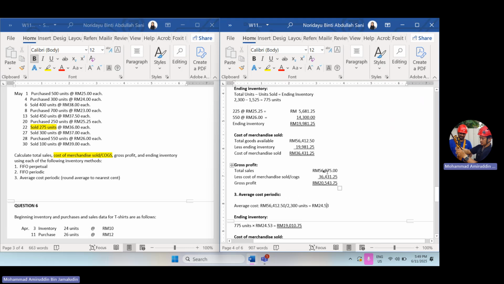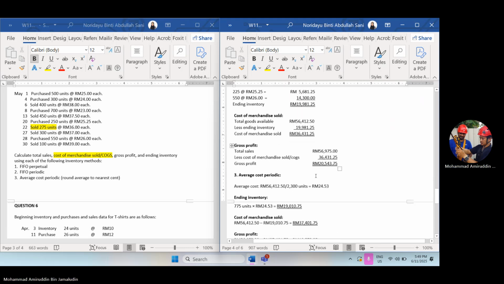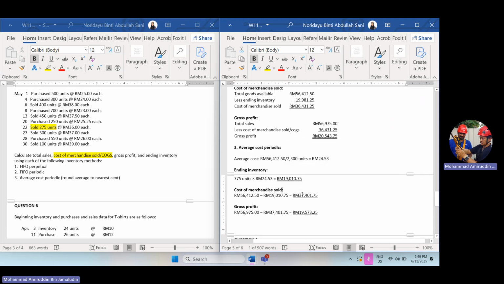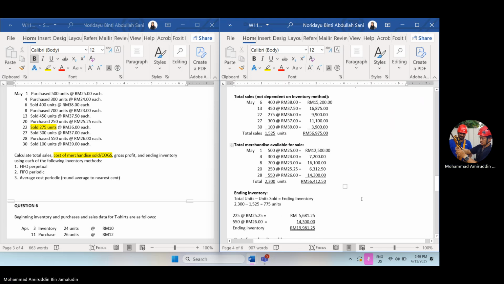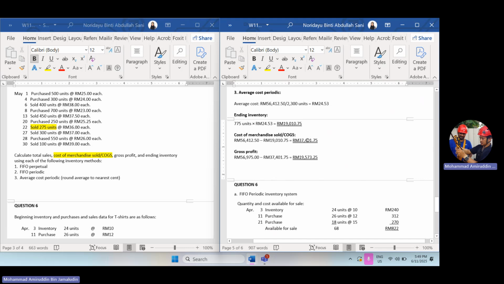Cost of merchandise, so your COGS, same thing. So cost of goods available for sale minus closing inventory. So you get 37401575. So how much is your gross profit? Your selling price minus your COGS, this one. So we get gross profit.